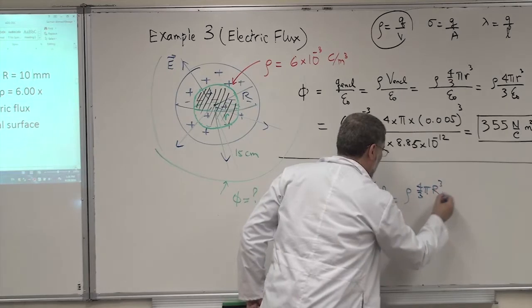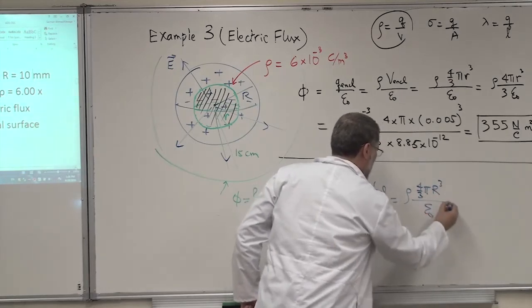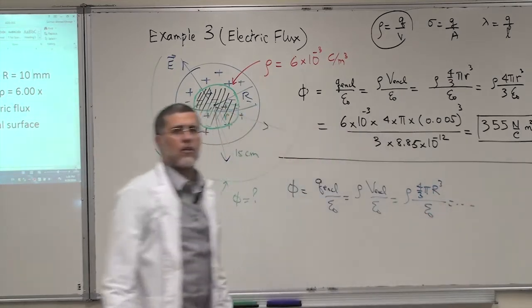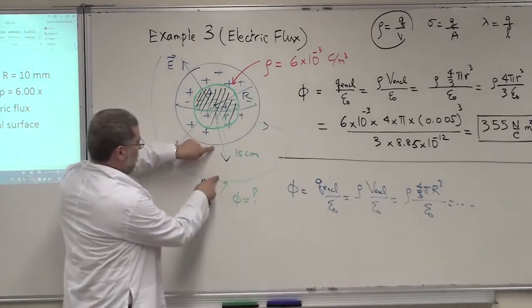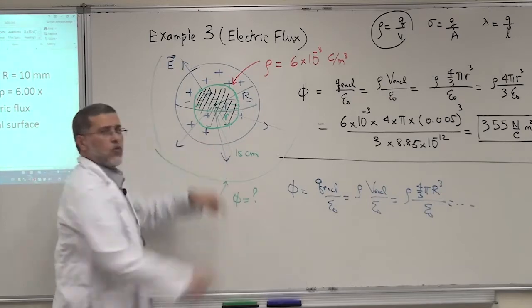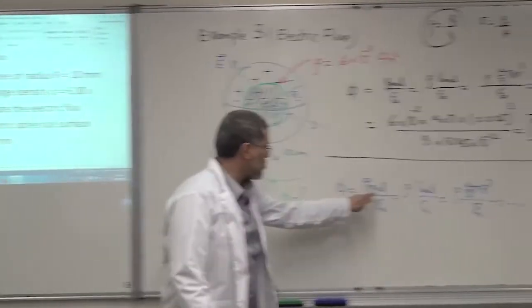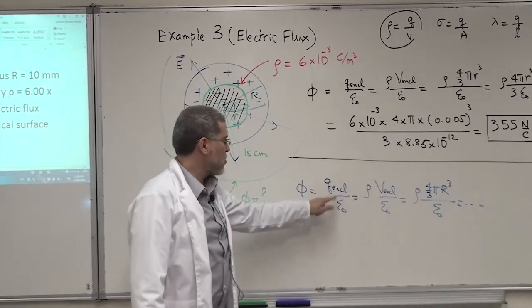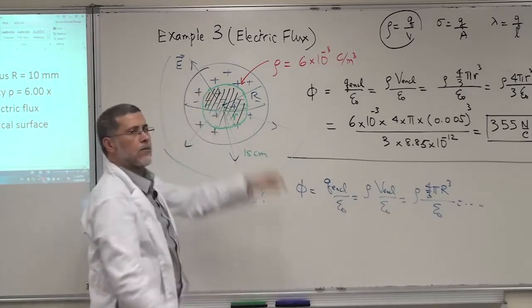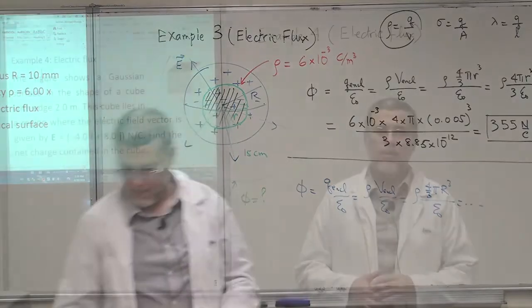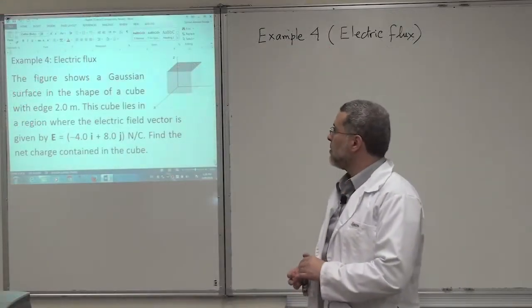So here you take R cubed over epsilon 0, and then you continue from there, my son. Be careful here. You take the radius of the sphere, because in the 5 extra centimeters there is no charge. We are talking about the charge enclosed. So you take the radius of the sphere, not the radius r, which is 15 centimeters. Thank you.